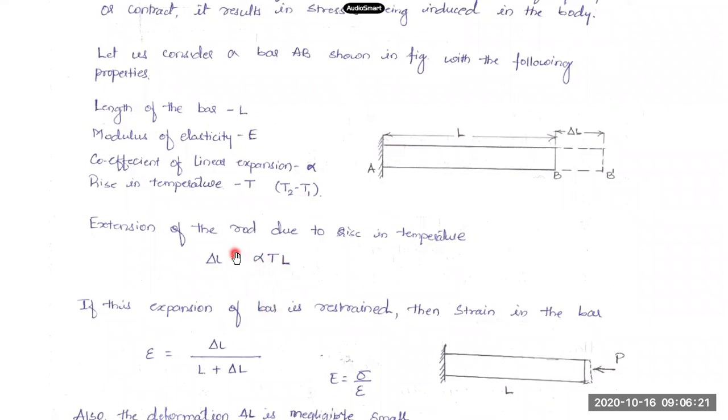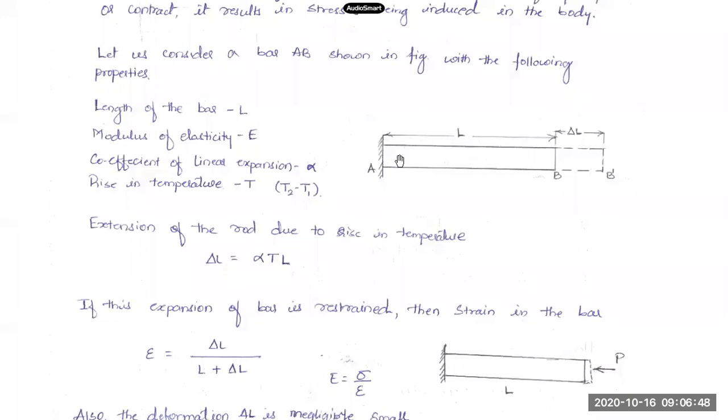Now with this, if you want to find the strain, I can easily express it: the change in length divided by the original length. So the strain can be obtained. Now suppose you have free expansion, then there's no question of any stresses arising. The member will freely expand, and the stresses will not get developed.